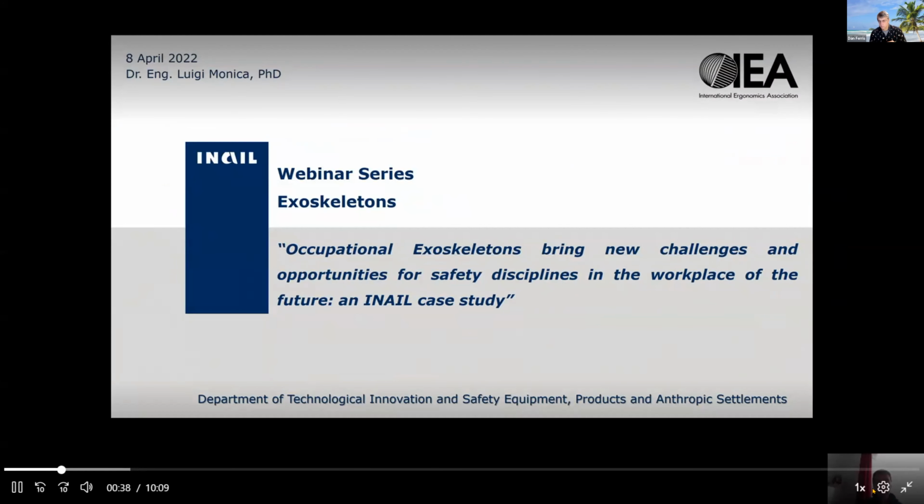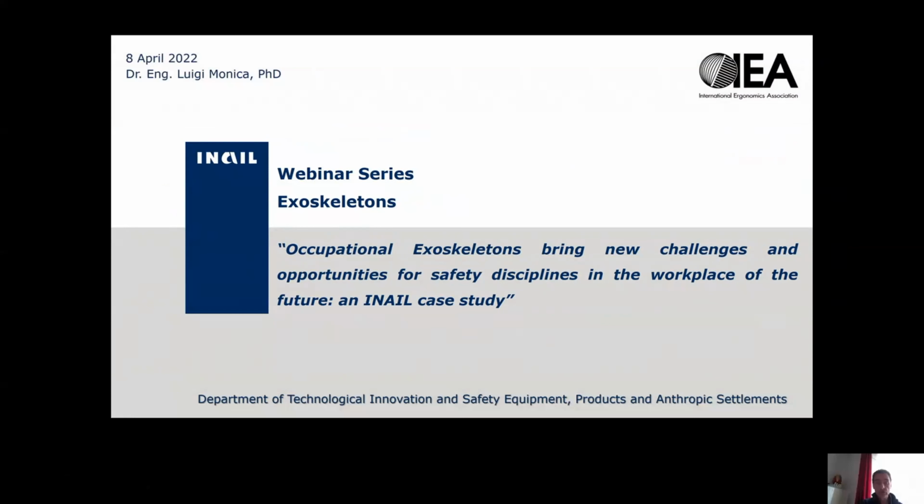INAIL, as a research institute, develops specific activity to evaluate the implication of the new technological evolution on safety in the workplace. During the presentation, I will show some devices and case studies of application of occupational exoskeletons in specific work activities, as a result of a joint project between INAIL and the Italian Institute of Technology.